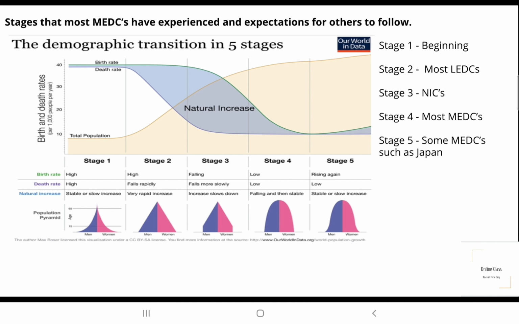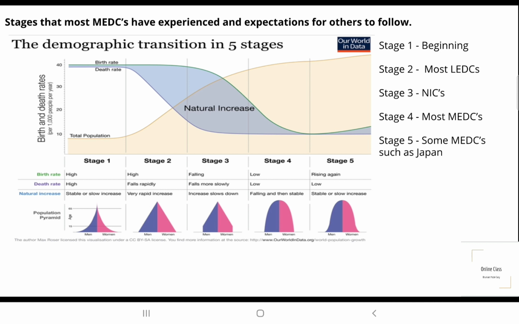Stage 4, this is where most MEDCs are now. The birth rate is low, the death rate is low. And then we have stage 5. This is where some MEDCs are, such as Japan. This is where the birth rate is starting to rise again and the death rate is still low. So that is the demographic transition in 5 stages.